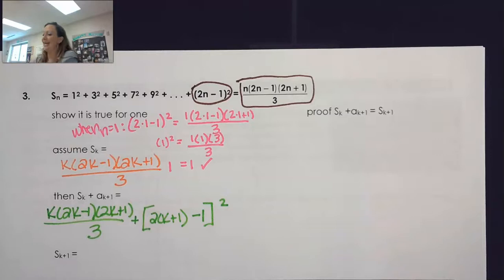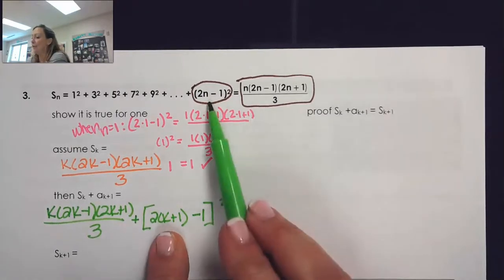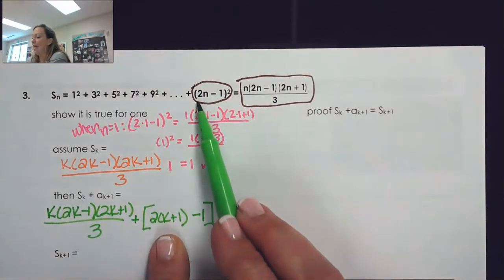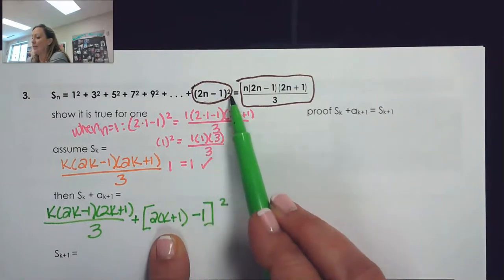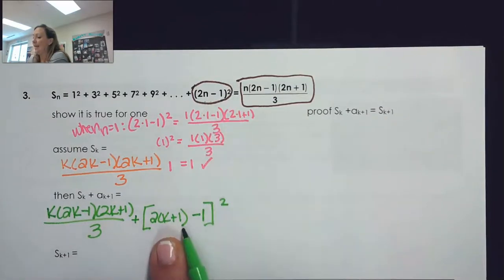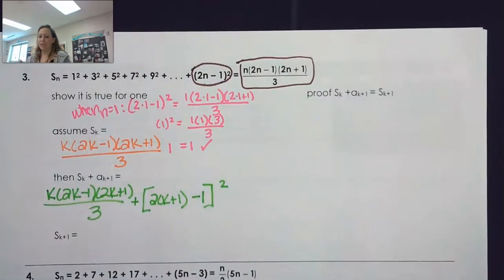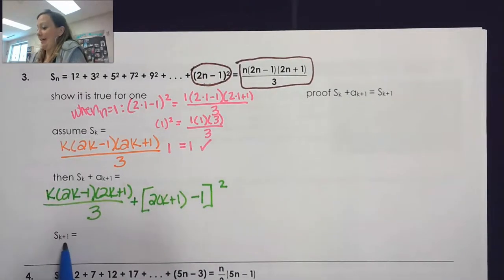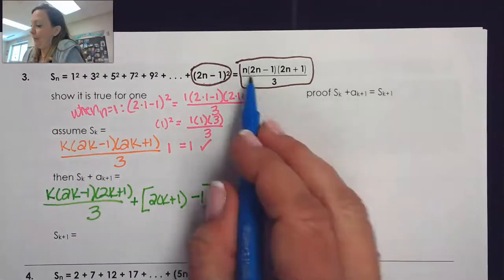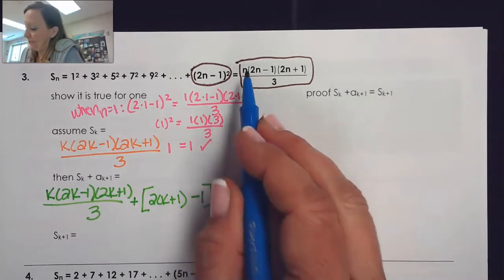Okay, so again, I'm taking my rule 2n minus 1 quantity squared, and in place of n, I'm putting in k plus 1. So then the sum, if we include that term, I'm going to put k plus 1 in for n.